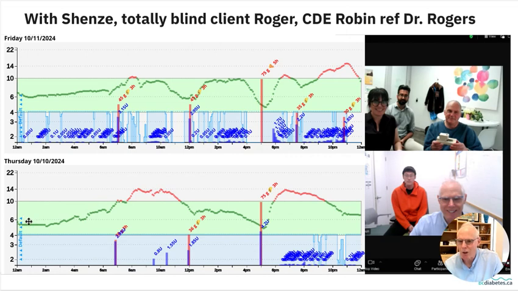But on Thursday, he was using Loop as a simulator, just like some of you in the audience are going to be, and he had an old Accu-Chek Combo pump into which he would give the boluses that Loop recommended. So Loop says, give this much insulin. He would put the bolus into his Accu-Chek Combo. But here he is. He switched over to the Omnipod, and you can see his first day was very, very successful.